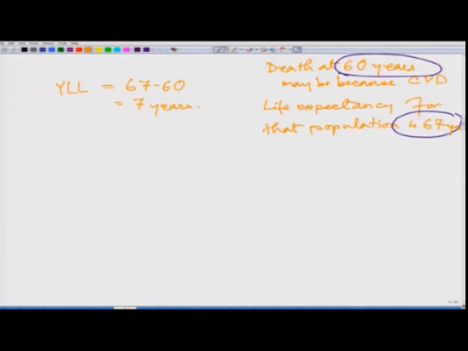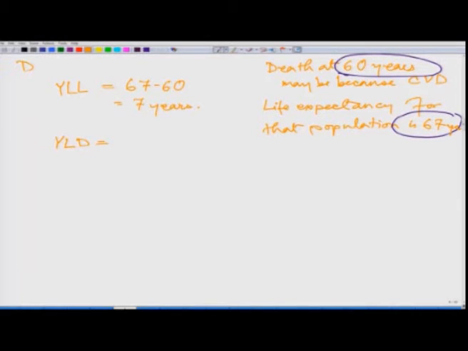The next is YLD, years of life lived with disability. How do we calculate that YLD? We estimate how many years of life they have lived with this disability.